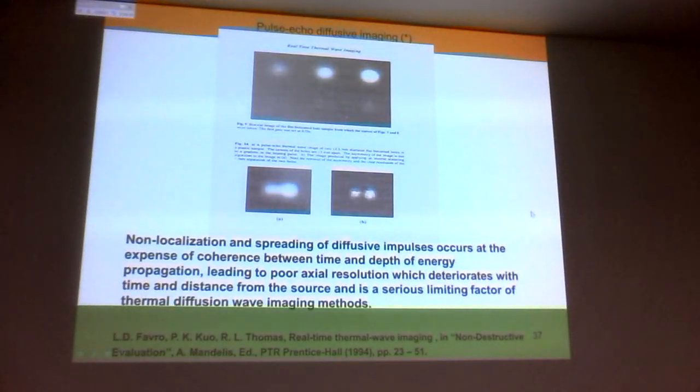Now, this is what you see in classical diffusion: you have two absorbers here. These absorbers eventually merge as the heat propagates. That's your Rayleigh limit, the thermal Rayleigh limit: how far apart do they have to be before you can see the two of them separately. This was work done by Favre, Kuh, and Thomas.